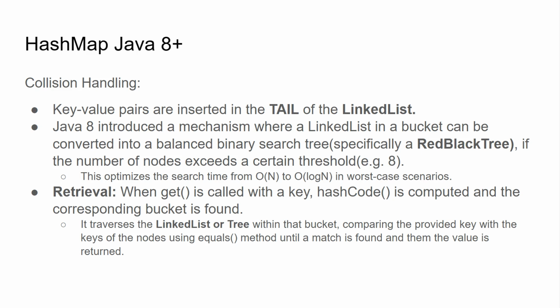Java 8 introduced the mechanism where a linked list in a bucket can be converted into a red-black tree if the number of nodes exceeds a certain threshold. This will optimize the search time from linear to logarithmic in worst case scenarios.